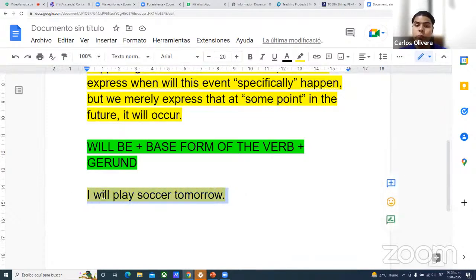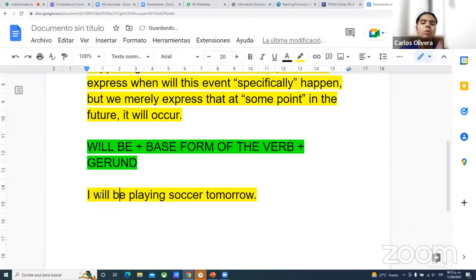Because in this case, as you mentioned, the translation for this sentence is jugaré fútbol mañana. But in the case of I will be playing soccer tomorrow, the expression means estaré jugando fútbol mañana. So you can see there's a difference in the meaning and translation.